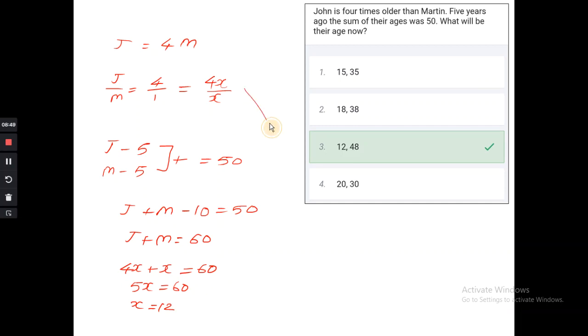So J is equal to 4 into 12 and M is equal to x, so 12. So John's age is 48 and Martin's is 12. So 12 and 48 is the correct answer. From these options, the third one is correct.